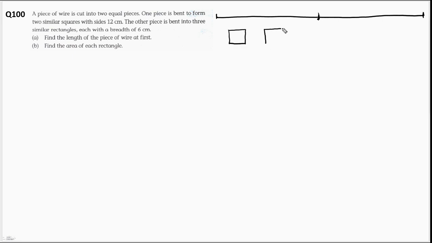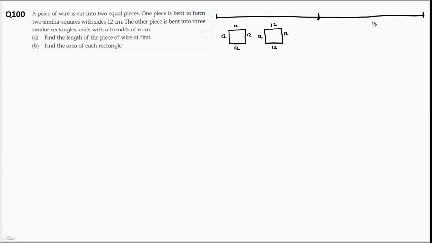We've got two squares, and each of them has sides of 12. Now what's special about a square? Well, if that's 12, all of the sides are 12, aren't they? 12 all around. All right, that's what that is telling us.